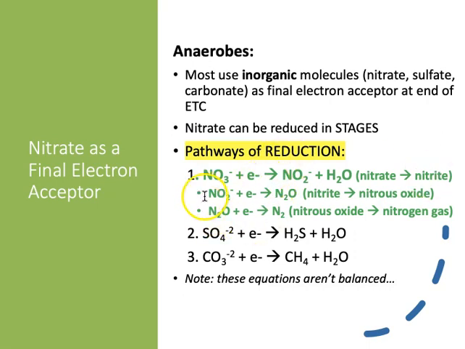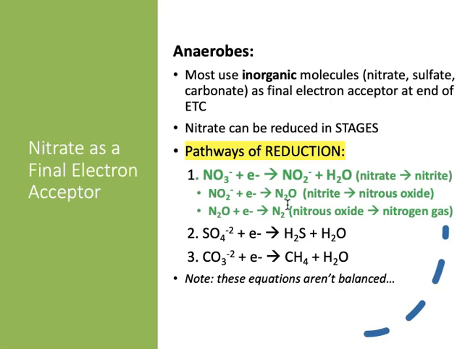Nitrite can also gain electrons and produce a molecule called nitrous oxide. That's a reduction reaction too. And we're not done yet, because nitrous oxide can also be reduced. It can gain electrons and produce nitrogen gas. Now we're done. Nitrogen gas cannot be reduced any further.